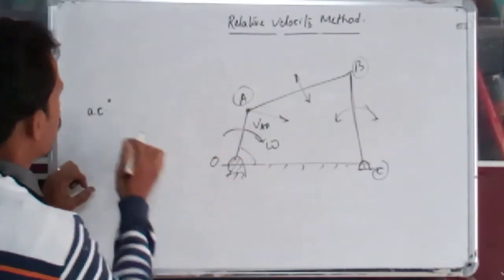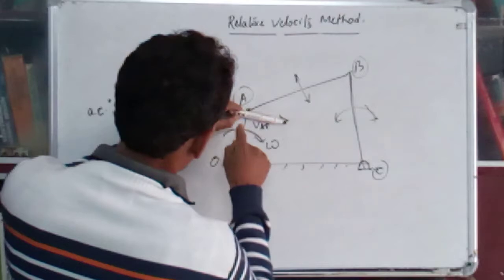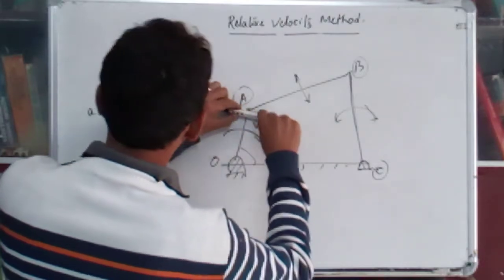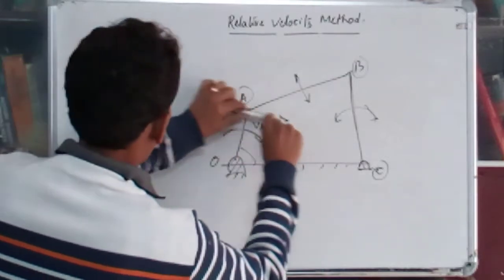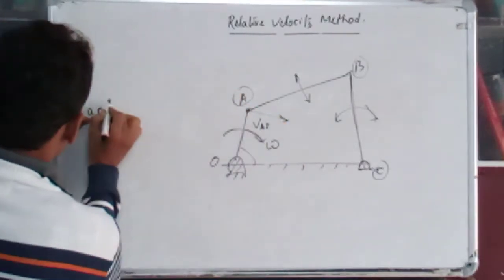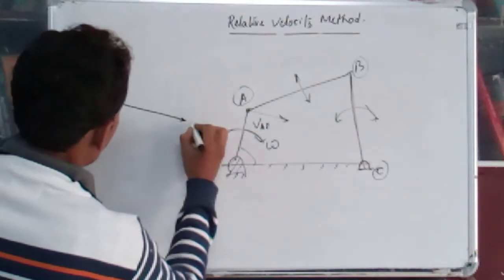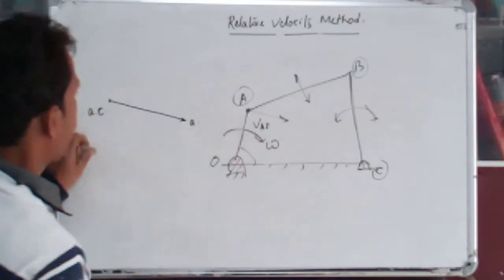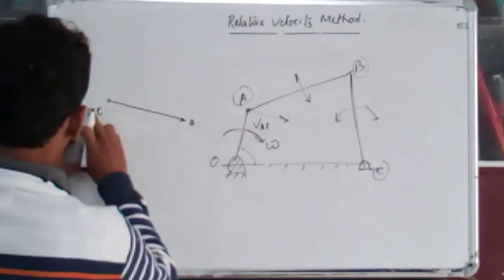It has some value. So take this value, because it is perpendicular to link OA. You take the same line, which will be parallel to this line. So you draw it. So that is OC, sorry, that is OC.